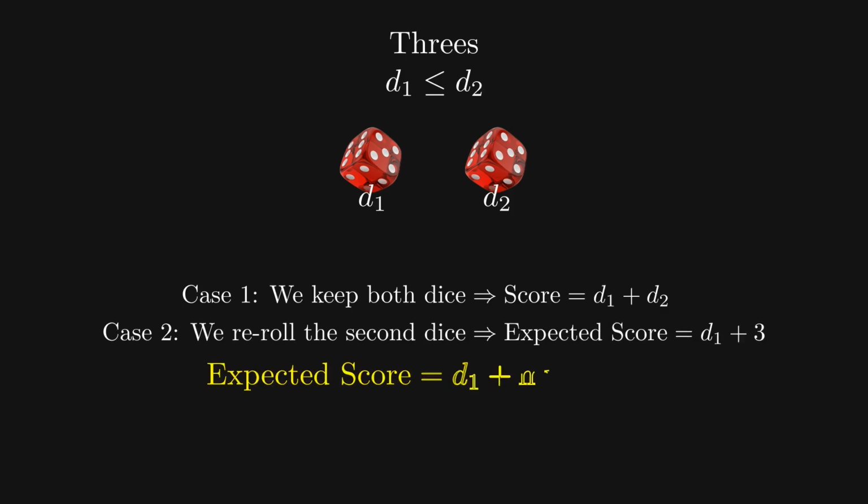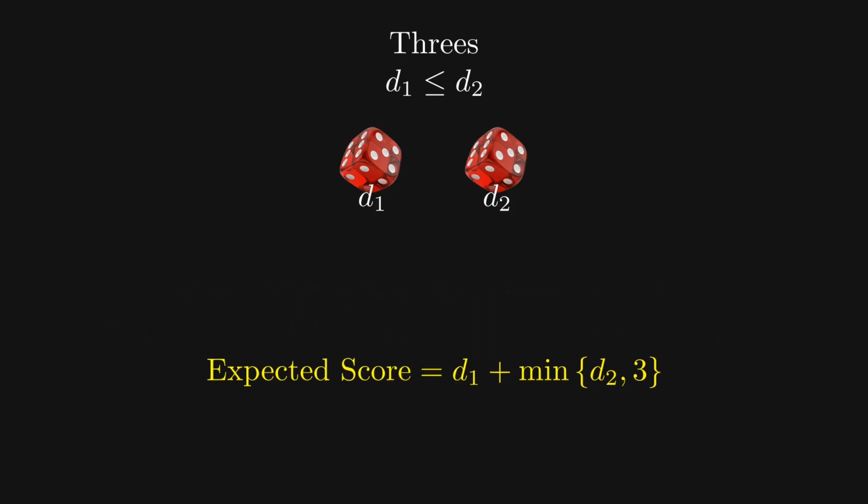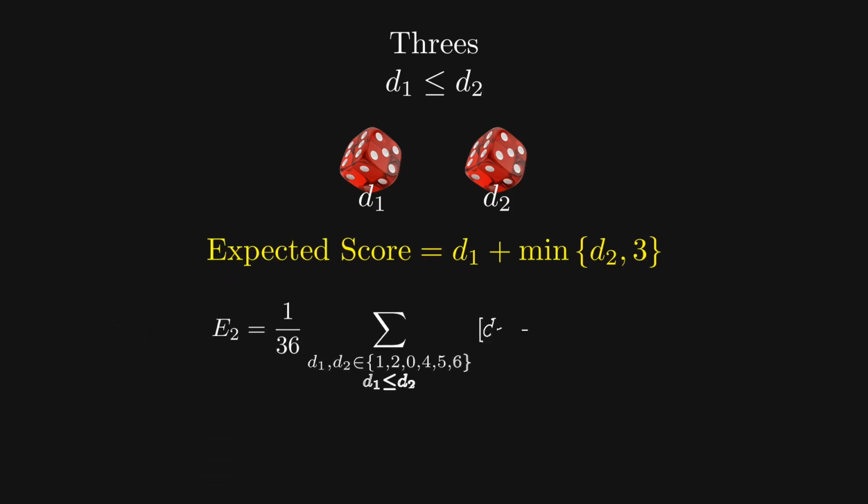We take the minimum of the 2 cases, so our expected score is D1 plus the minimum of D2 and 3. Finally, our expected score in this round is obtained by simply summing over all possible scenarios, and then dividing by 36 total scenarios. We get 79 over 18.